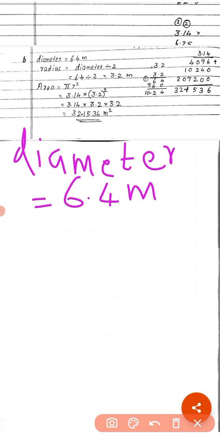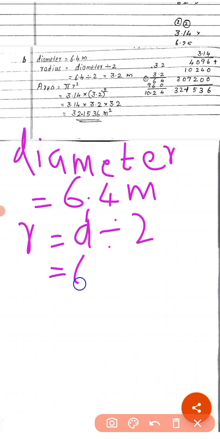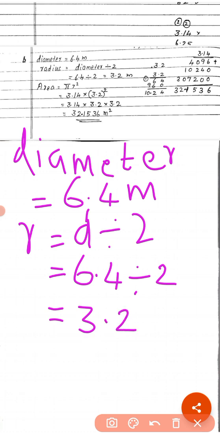So radius is equal to diameter divided by 2, which is equal to 6.4 divided by 2, which is equal to 3.2 meter. Here the unit is in meter.